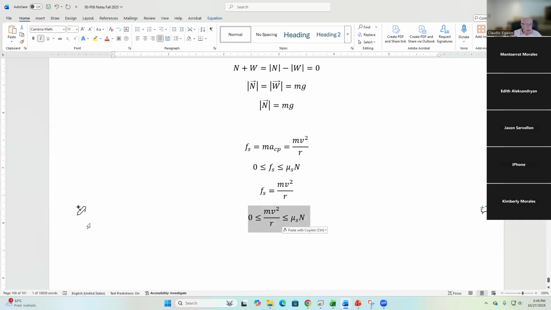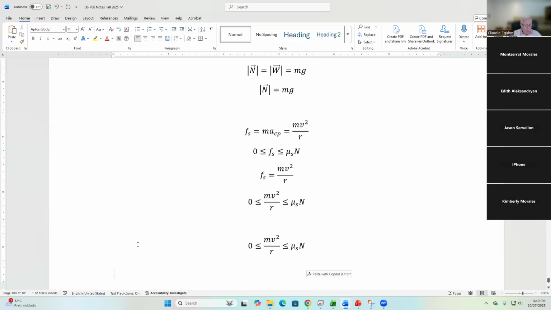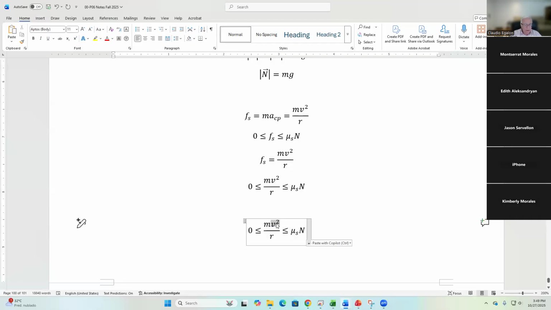So this inequality can be written as v squared greater or equal than 0, less or equal than r times mu sub s g. I'm passing the r and the m to the other side.